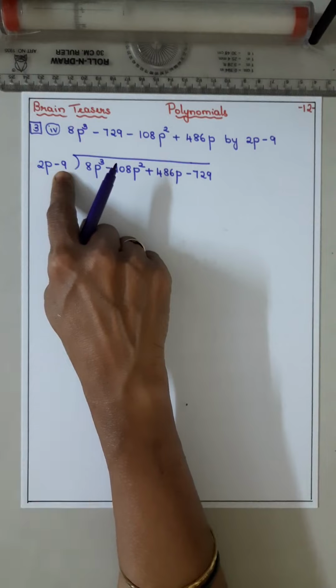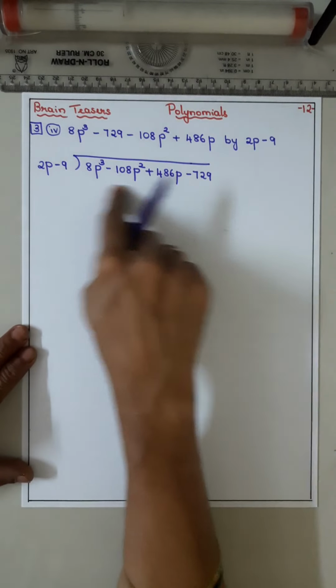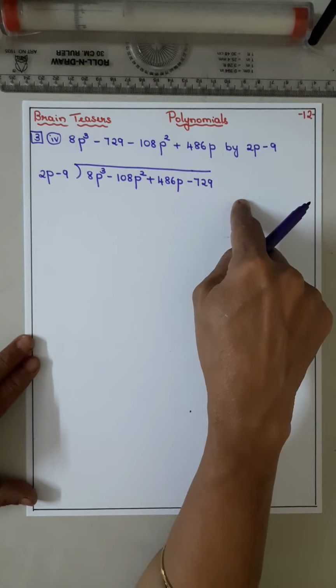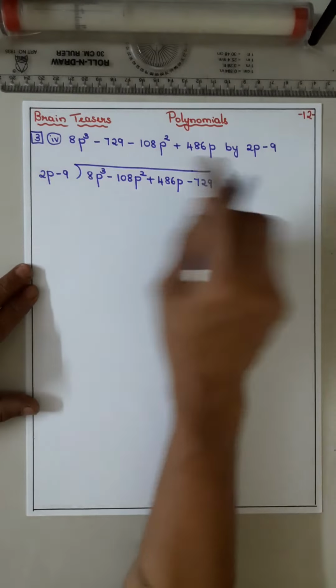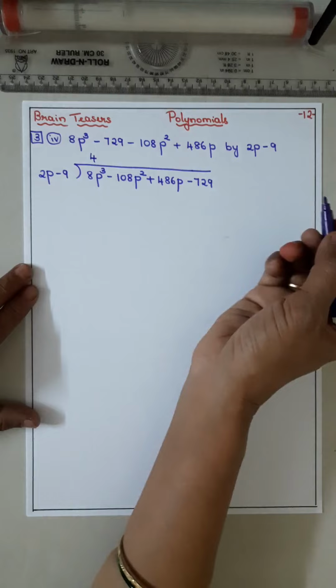All of you remember we have to arrange in the standard form, so decreasing order of the powers. Okay, first step is that, otherwise you can't divide it. Now coming to 2, how much times 8? 2 fours are 8.